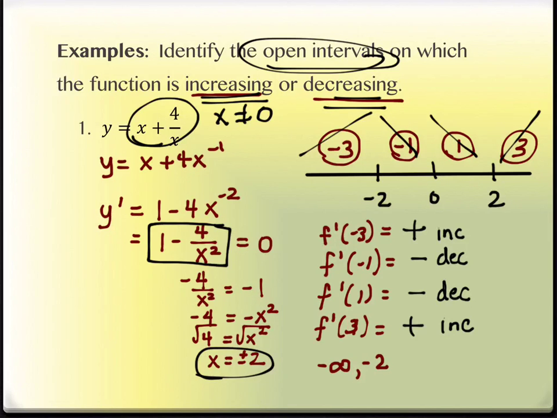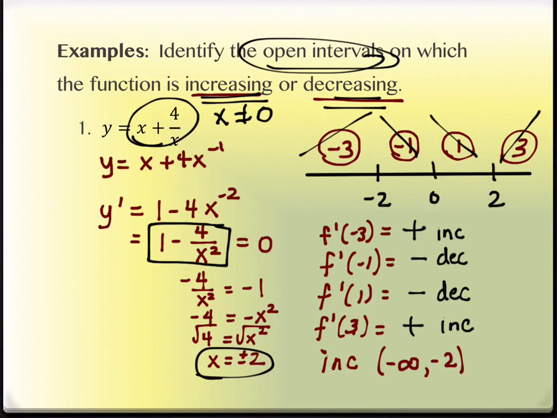So the numbers I'm getting are coming from these 3 locations, not from the -3 and the -1 that I plugged in. So I've got negative infinity to -2, and what is the graph doing on that interval? It's decreasing. So if I want, in fact, I will write this at the beginning here. I'm going to write that it's decreasing. Oh, sorry. Listening too carefully. Increasing. Increasing from negative infinity to -2.